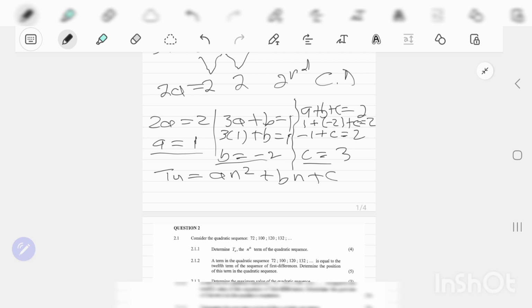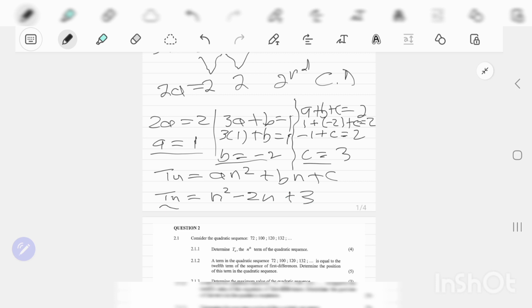So this means now I have the values, I substitute the actual values, because remember, people, the general term must have the unknown n. So I'm going to have my Tn, then the value of A is 1, and since 1 is invisible, it's going to be n squared, and then the value of B is negative 2, so it's going to be minus 2n, and then the value of C is 3, so plus 3.